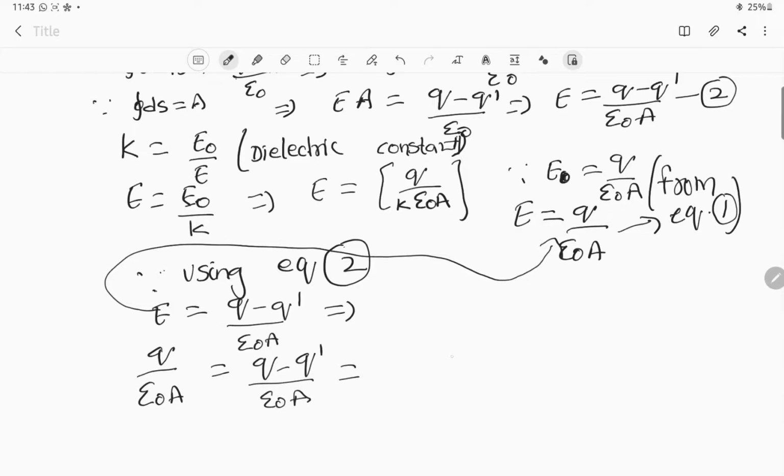So individually, if you write this as Q by epsilon naught A minus Q dash by epsilon naught A, clear? Now what will happen?